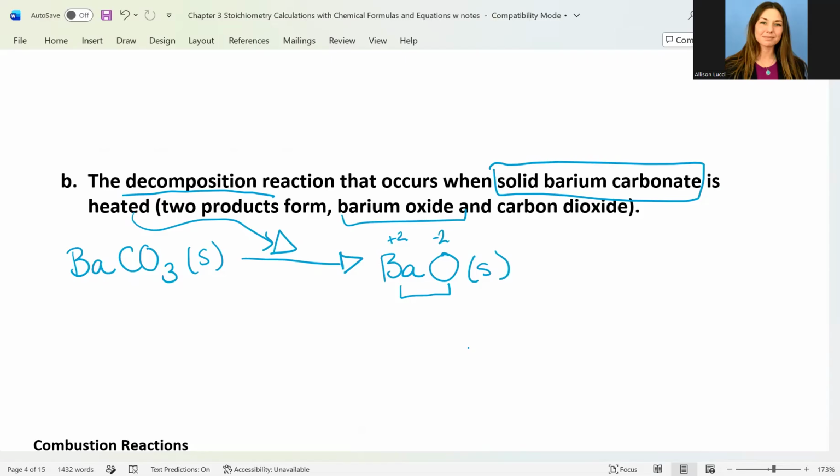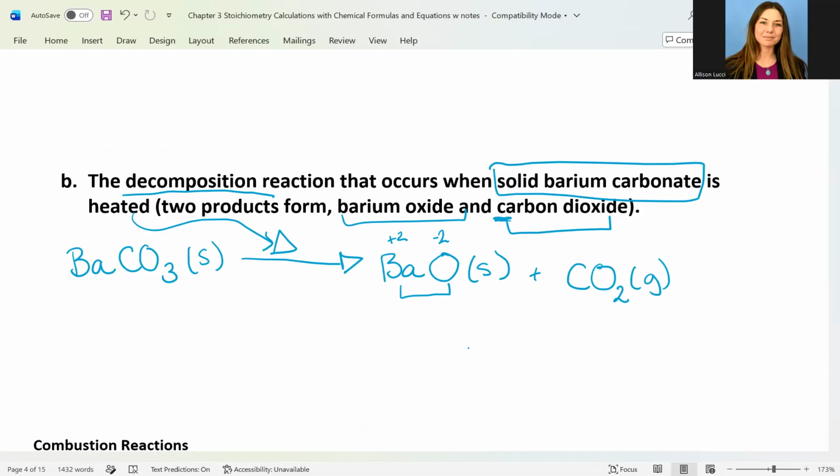And then we have our other product, which is carbon dioxide. This is a molecular compound. So we have 1 carbon because there's no prefix, and we know mono is not used. And then dioxide indicates 2. And this is generally a gas under normal temperature and pressure.